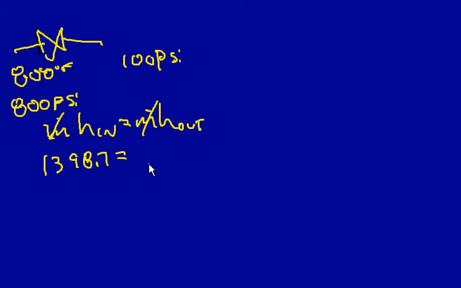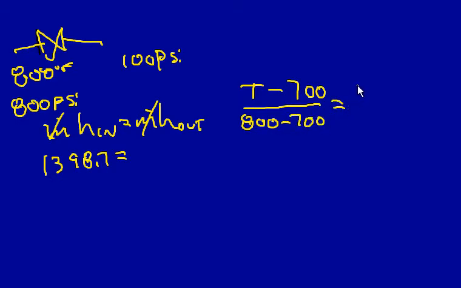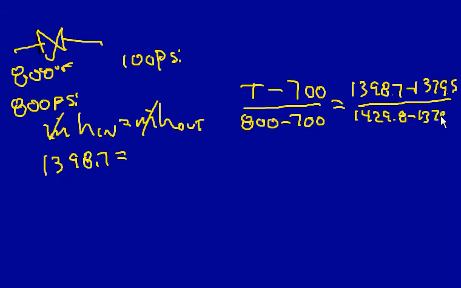So you go to your superheated tables and you have to interpolate. The interpolation is between 700 degrees and 800 degrees, so T minus 700 divided by 800 minus 700 is equal to the H associated with that T, 1398.7, minus the H at 700 degrees, which is 1379.5, divided by 1429.8 minus 1379.5.